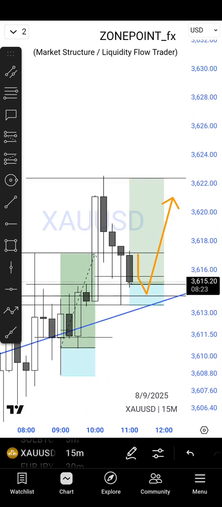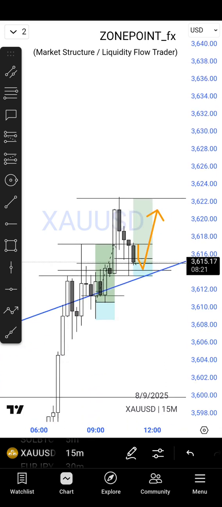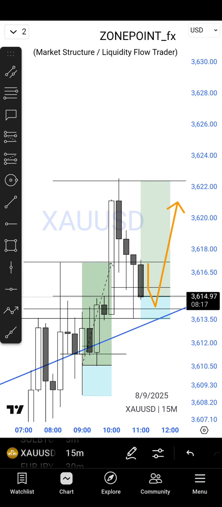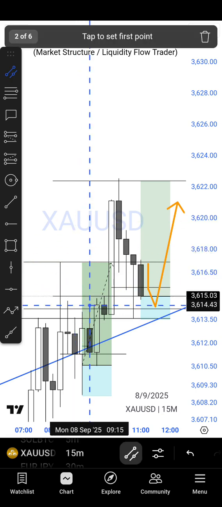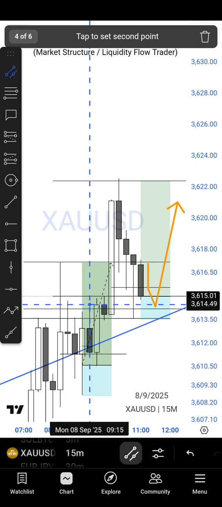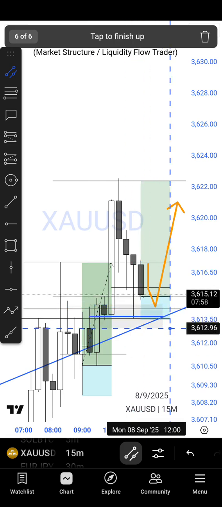Because if you all agree with me, markets use this RBS. I don't really know what to call this block, but markets use this level here, this order here.